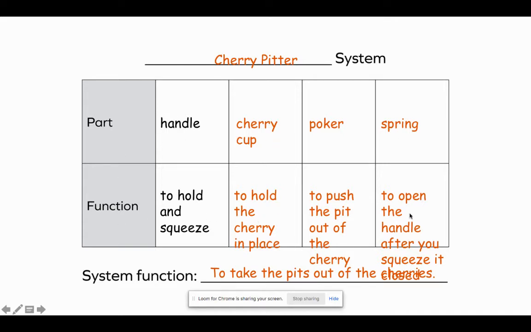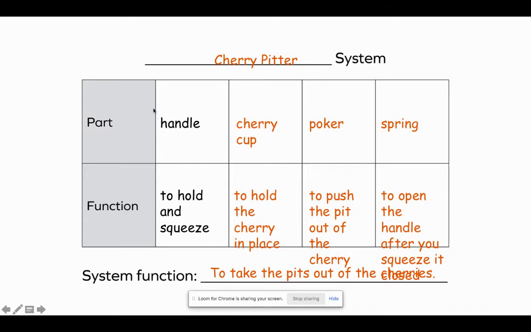It does something. So there's the handle to hold and squeeze. So you saw the man pushing the handle. There's the cherry cup. So that was the little part where they put the cherry, and its function was to hold the cherry in place. There's the poker. It was the little thing to push the pit out of the cherry.